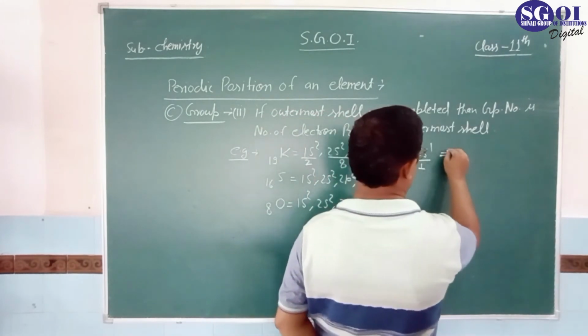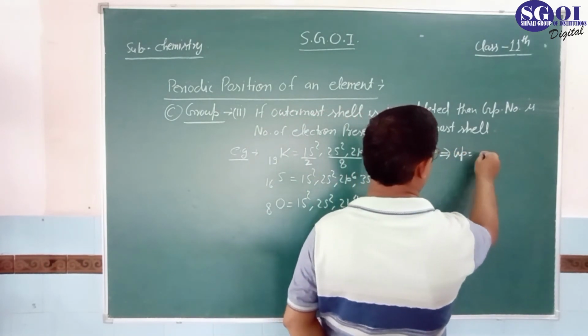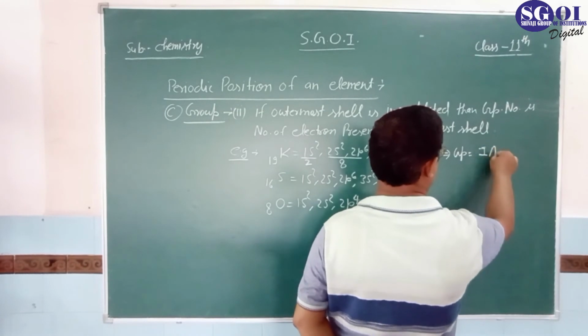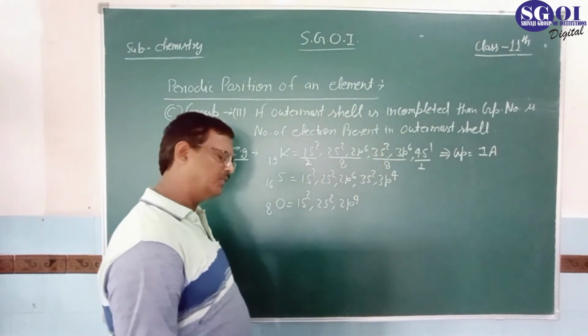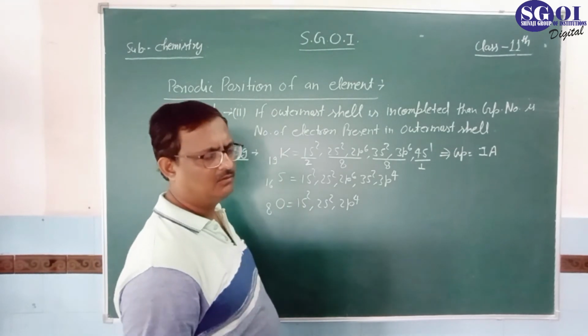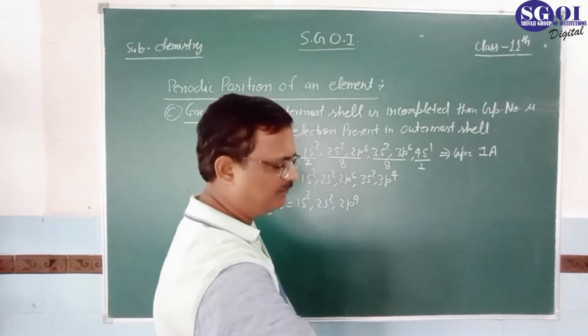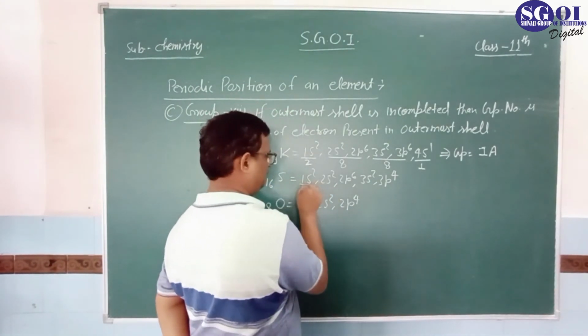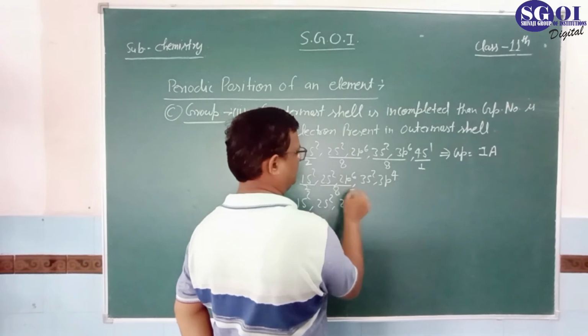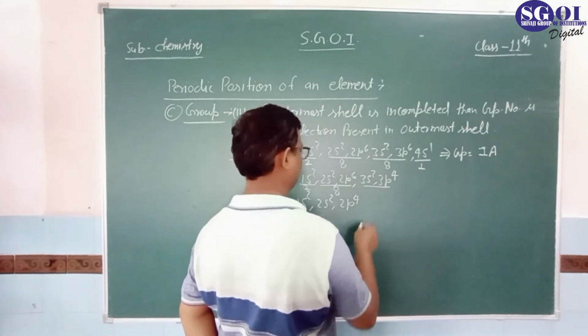So the group number is first A. How would you write A? Reason: in the modern periodic table, group numbers are also divided into subgroups, that is A and B. Here 2, 8 and 6.